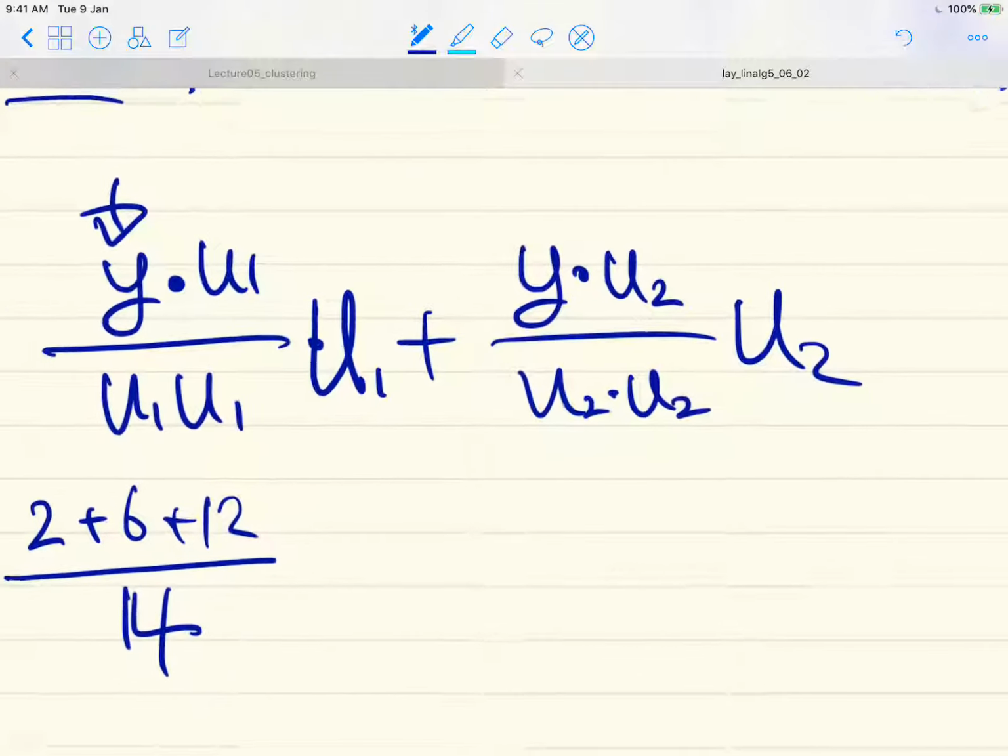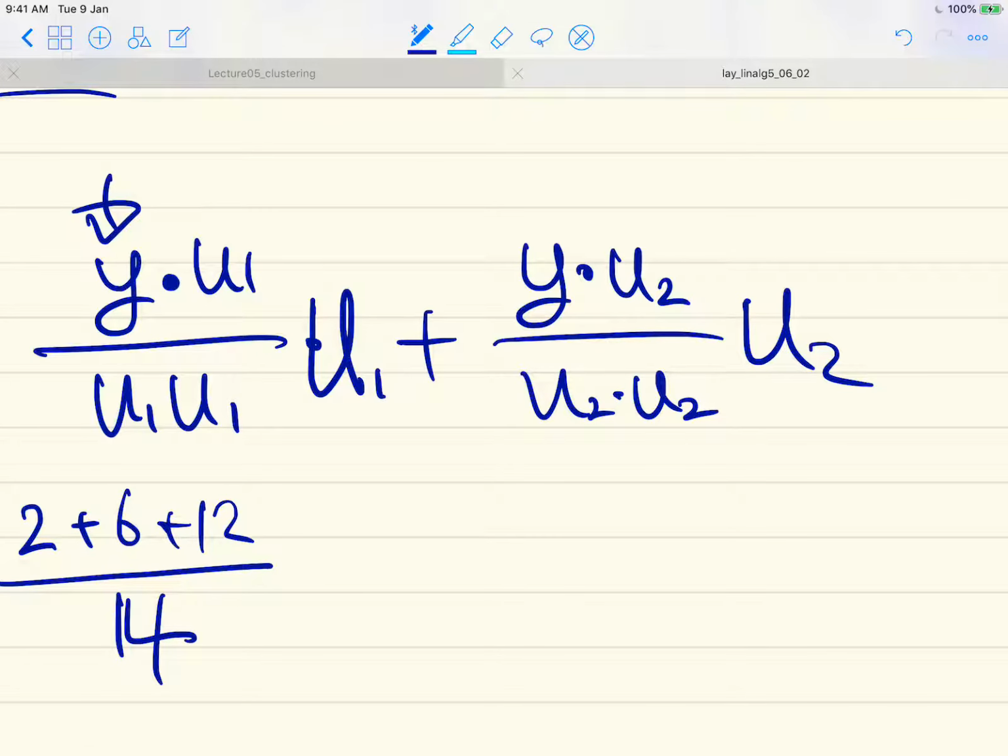We should be careful about the notation for the inner product. This is an inner product, and this is an inner product, and this is not an inner product. It's just a scalar multiple. Even though this one looks complicated, it is a scalar times a vector, so in this case we don't use a dot over here.